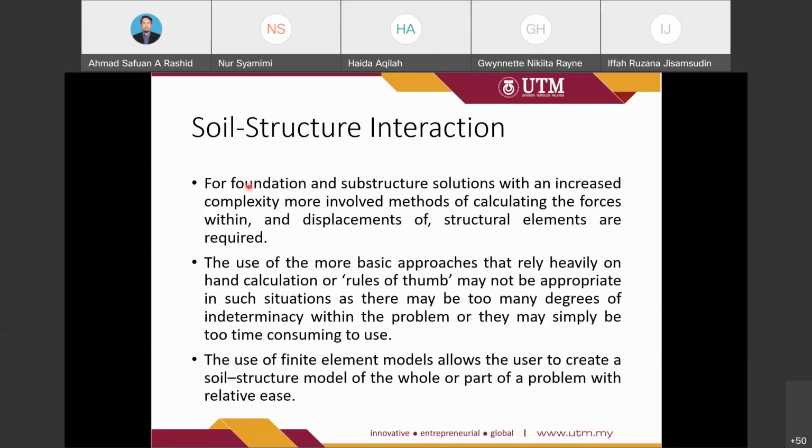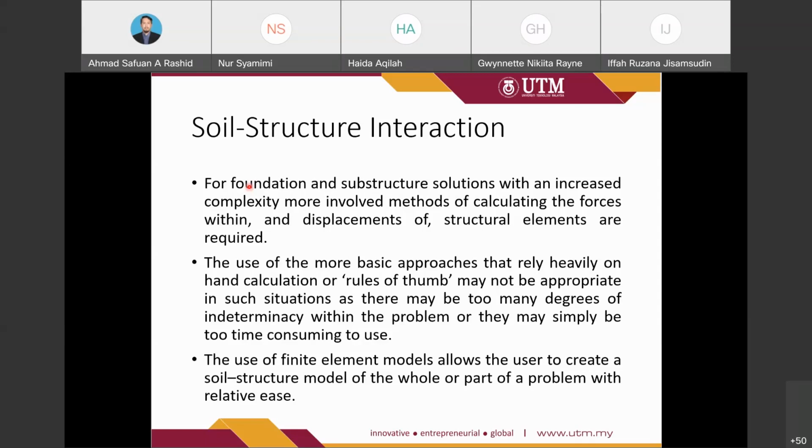For foundation and substructure solutions with increased complexity, more involved methods of calculating the force within and displacement of the structural elements are required. The use of the more basic approaches that rely heavily on hand calculation may not be appropriate in such situations, as there may be too many degrees of indeterminacy within the problem, or they may simply be too time consuming to use.